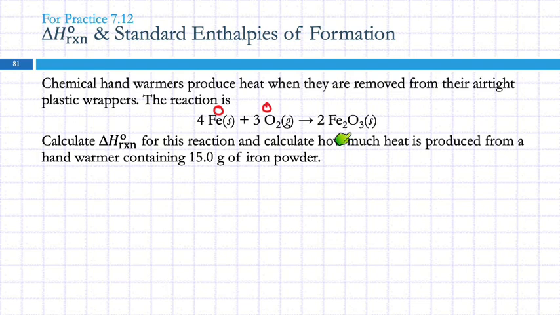And then we need to look this one up, except we just used that one in the previous example. That's negative 1675.7. No, it isn't. That was the aluminum oxide. It's negative 824.2.